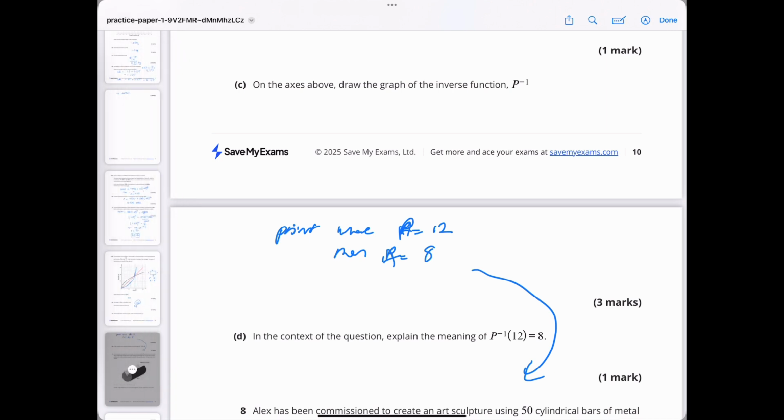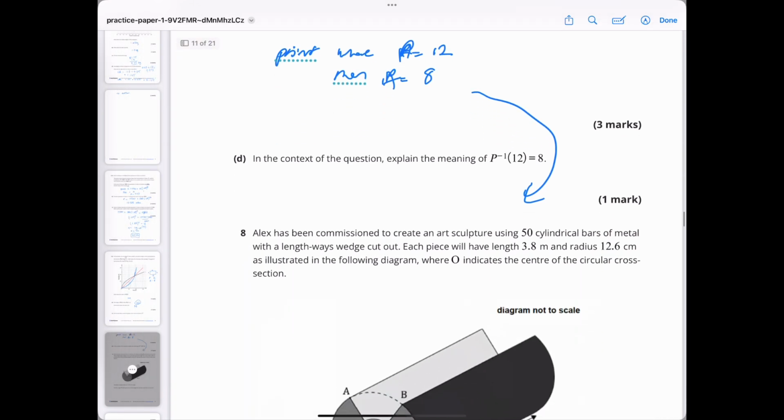And that's what it means. That's it, basically. We'll stop there for a minute.